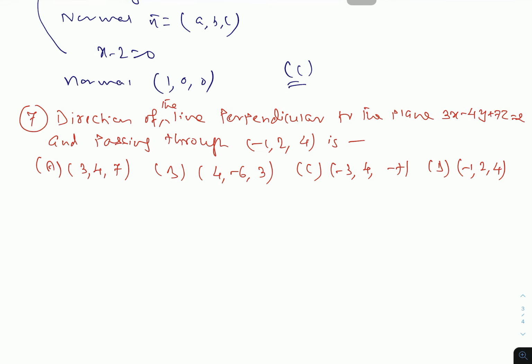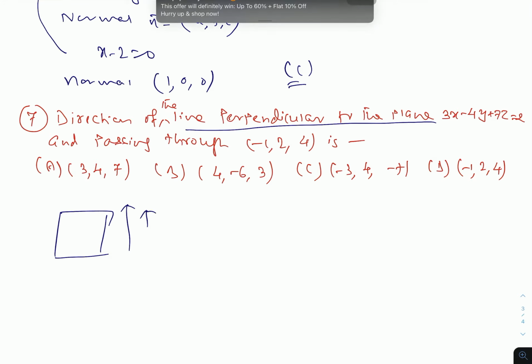So direction of the line perpendicular to the plane. So we have a plane here like this, and perpendicular to the plane there is a line. Then its direction is the direction of normal to the plane.